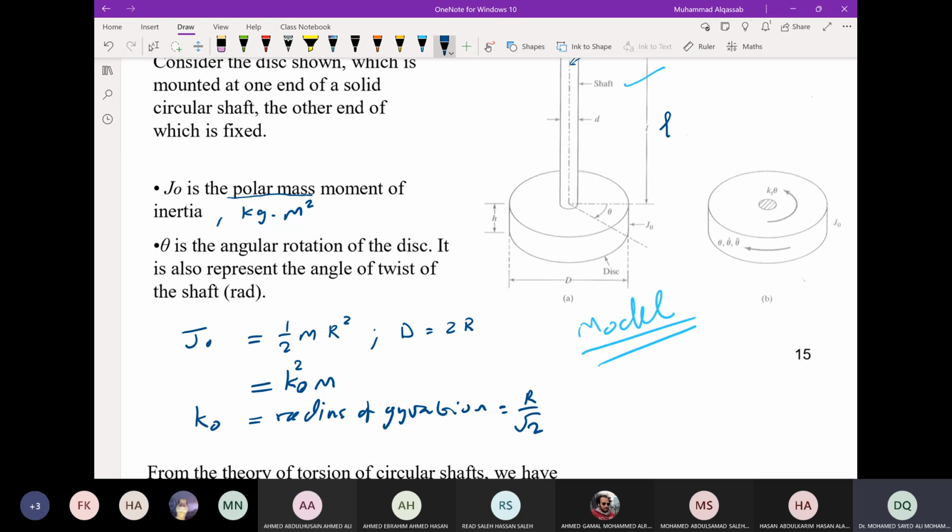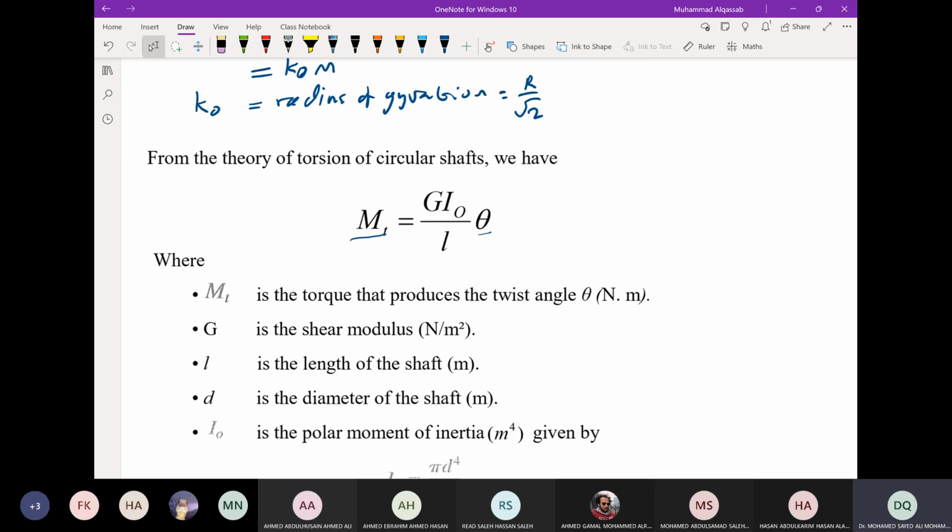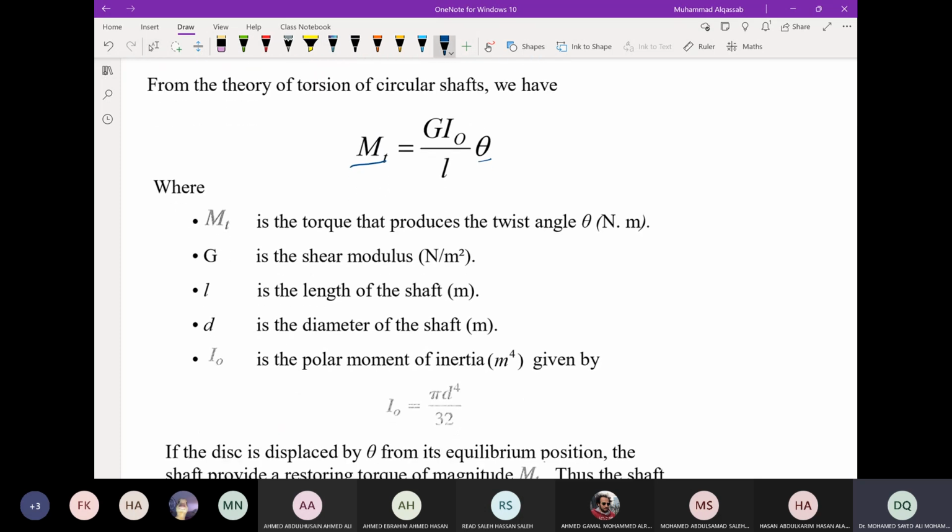Jo is the polar mass moment of inertia, in kilogram meter square, for the disk. And Io is the polar moment of inertia, which is the second moment of area, given in meter to the power 4, of the shaft. For a circular shaft, Io is equal to pi d to the power 4 over 32. This is in torsion, about the axis of rotation.